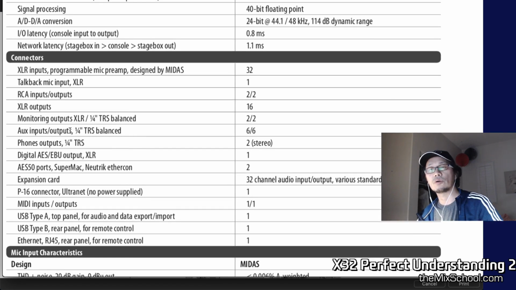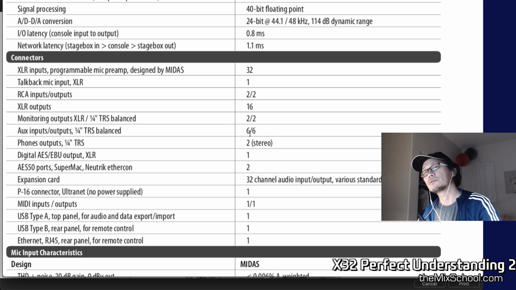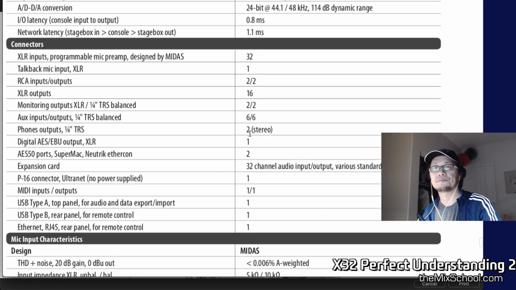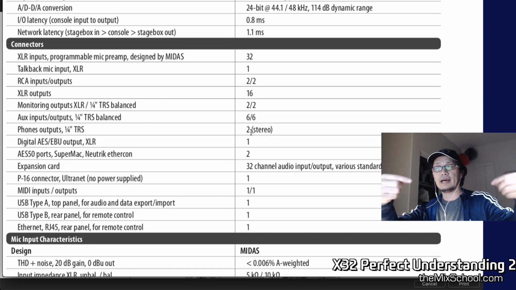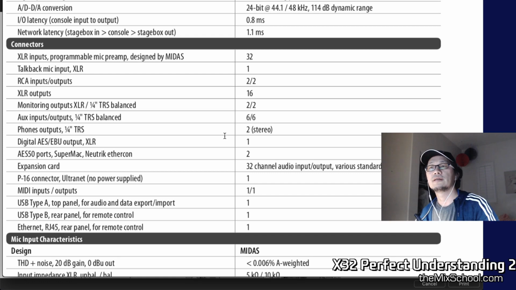This is totally different than basic I/O. There's 32 in and 16 out, plus this additional 6 in and 6 out. Okay, phone out. So you can connect headphones. That's on the side, the handle side, not just back and front, so we can use either side. There are 2 of them.